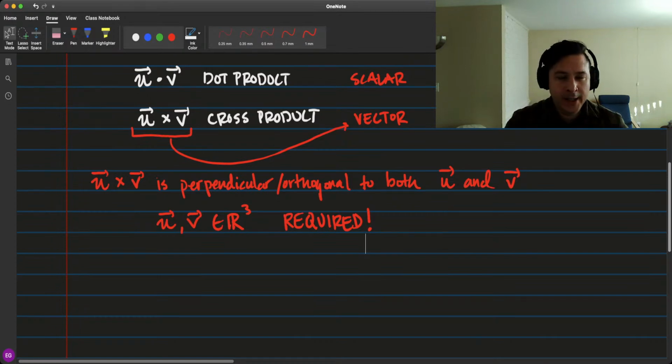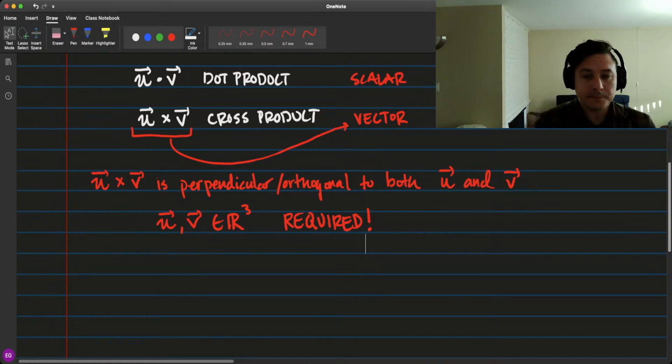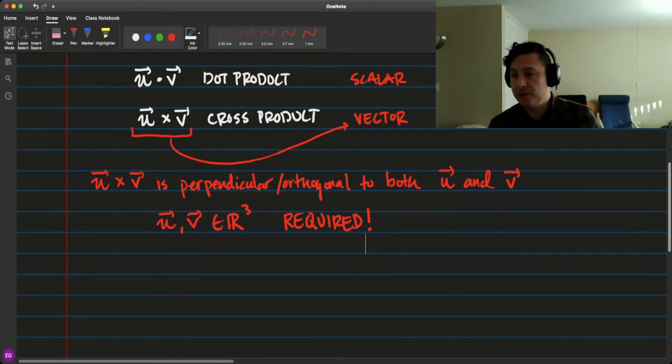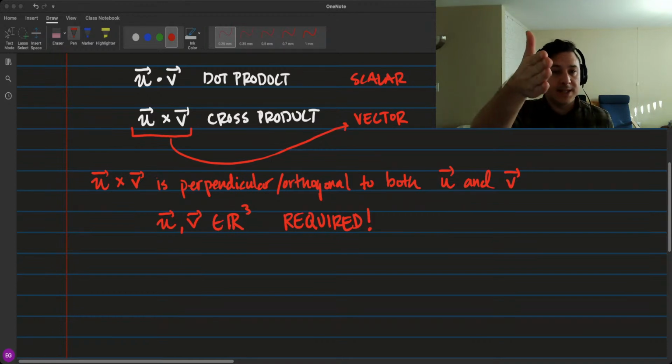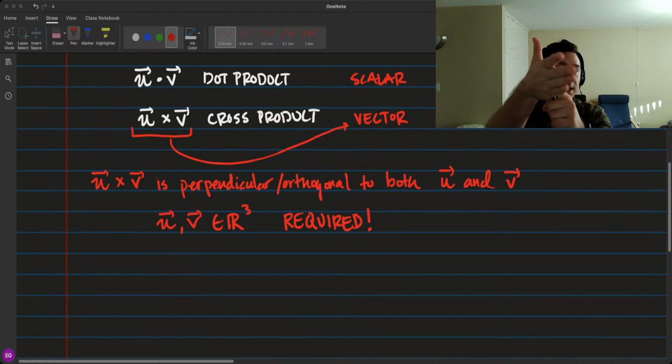Do we remember what the right-hand rule tells us? Line up your fingers with the x-axis, you put your palm so it rotates towards the y-axis, and where your thumb is the z-axis. Yes, exactly. Cool. So people do remember.